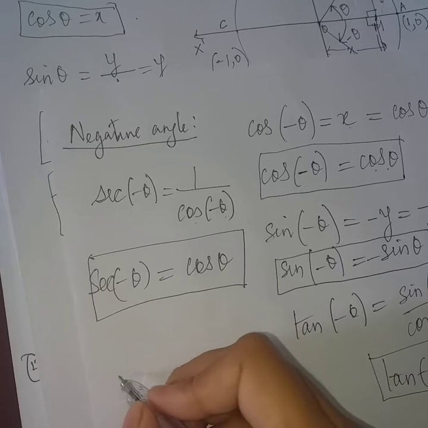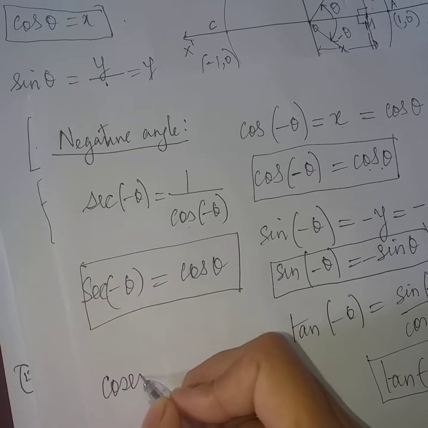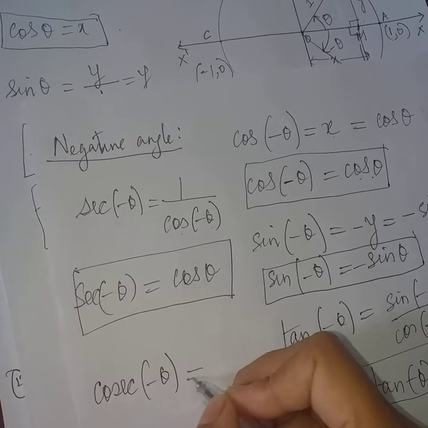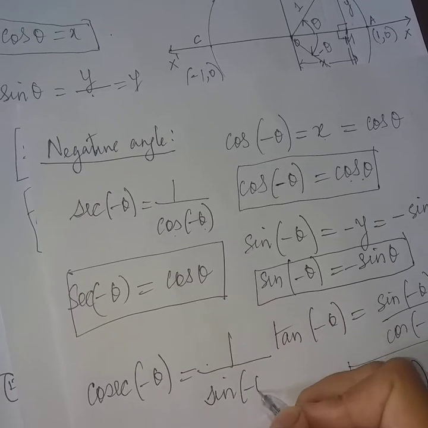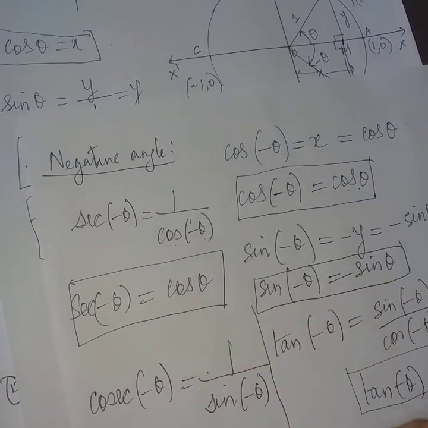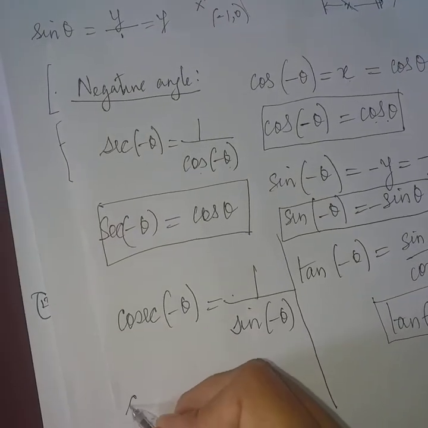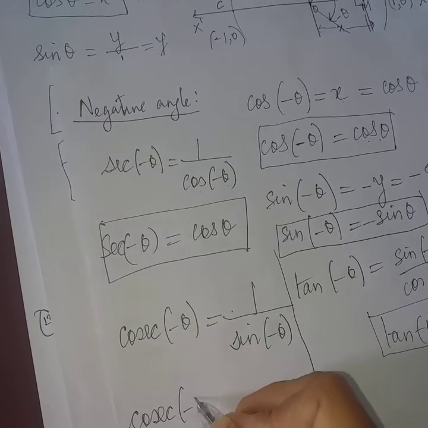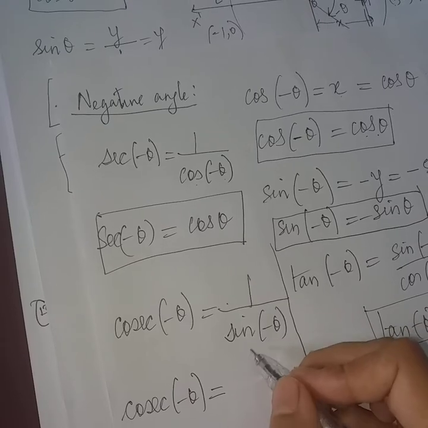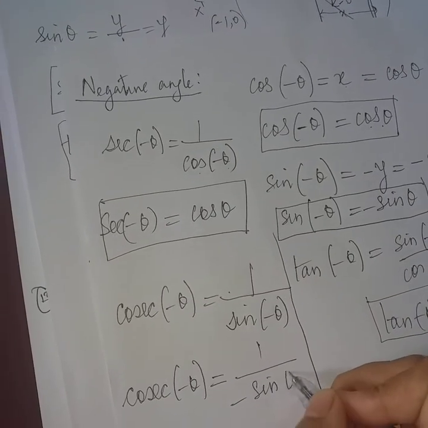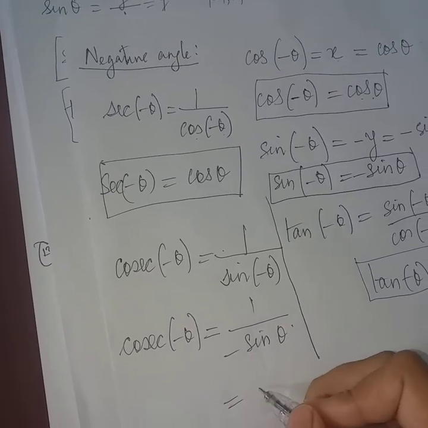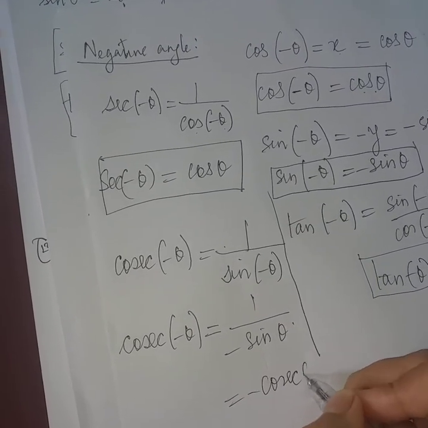And cosec of minus theta is 1 by sine of minus theta. Sine of minus theta is minus sine theta, so this will be minus cosec theta.